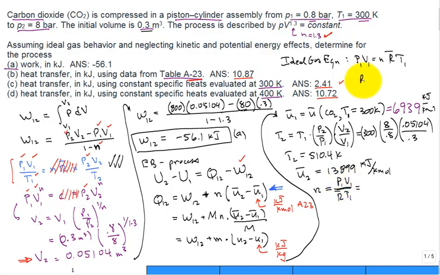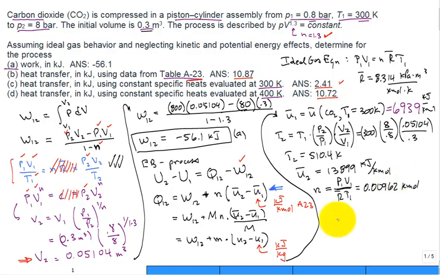What's R bar? The universal gas constant, 8.314 kilopascal meter cubed per kilomole Kelvin. And we calculate the number of moles to be 0.00962 kilomole.